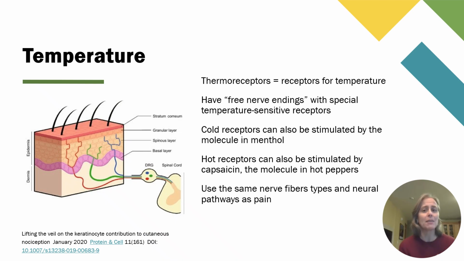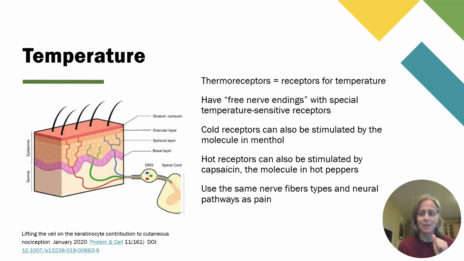Now, what's interesting about these receptors is that they can also be triggered by certain molecules. So cold receptors, for example, can also be triggered by menthol. And hot receptors can be stimulated by capsaicin, which is the ingredient, the molecule that gives hot peppers their heat, as well as the molecule that's in wasabi.